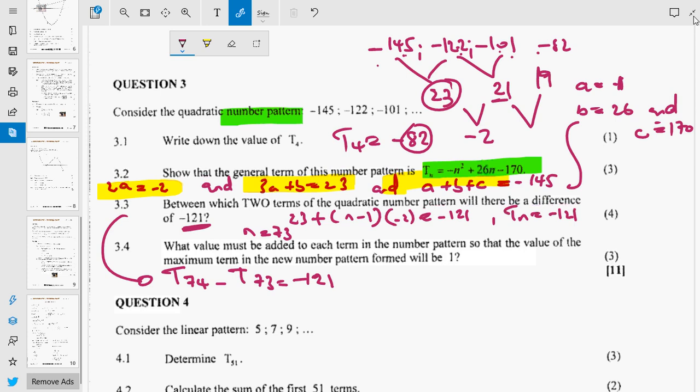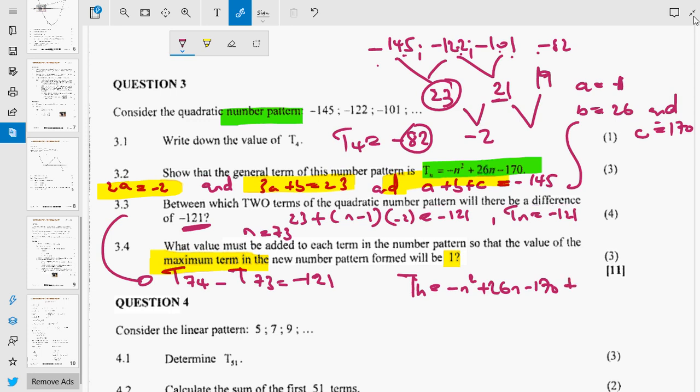Now the last part of this question is a little bit exciting. They are saying, what value must be added to each term in the number pattern so that the value of the maximum, now the key word here, maximum term in the new number pattern will be 1. So at this moment in time, the general term is minus n squared plus 26n minus 170.